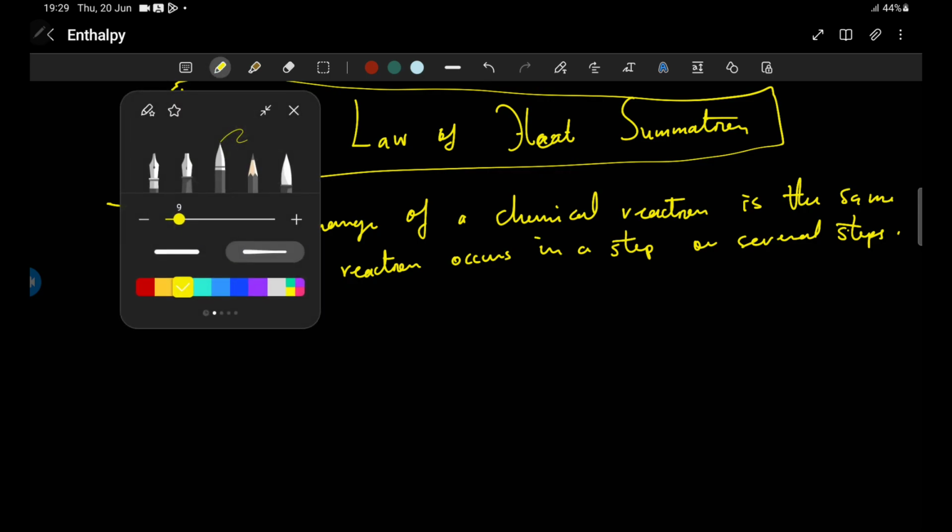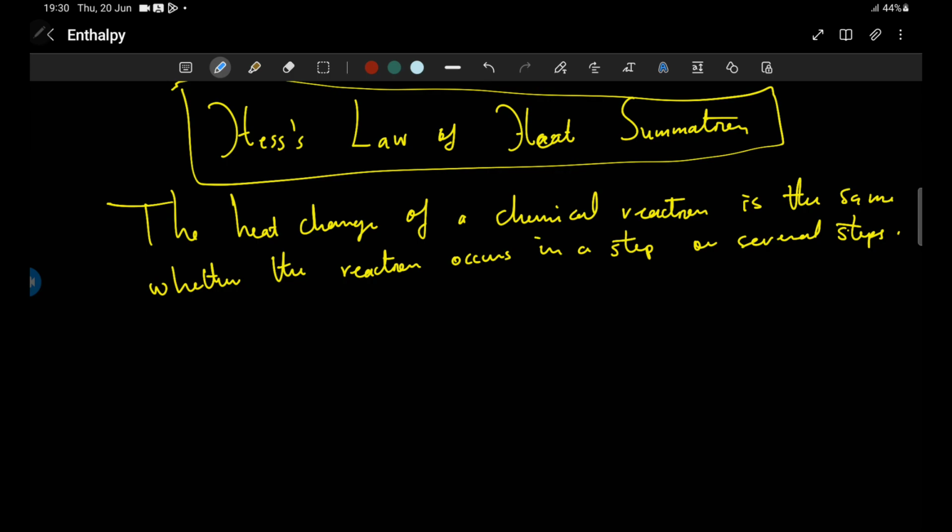Another interpretation of that is the fact that the change in enthalpy is independent of the steps taken.